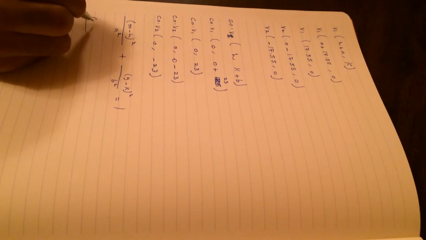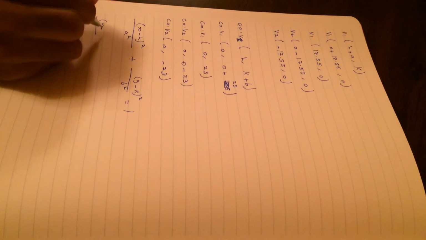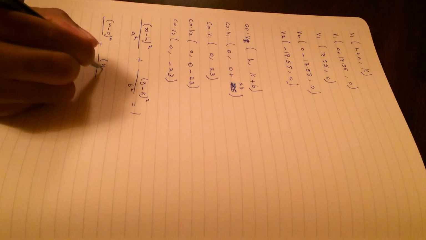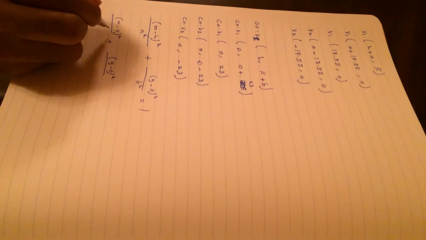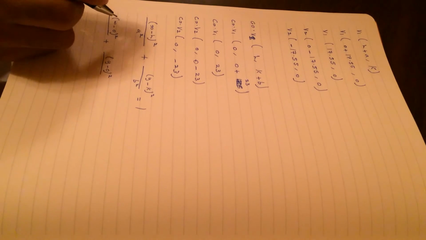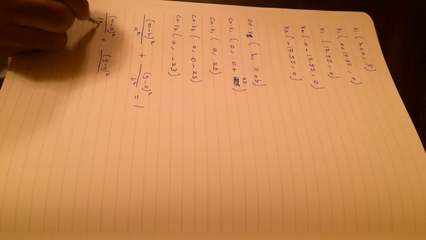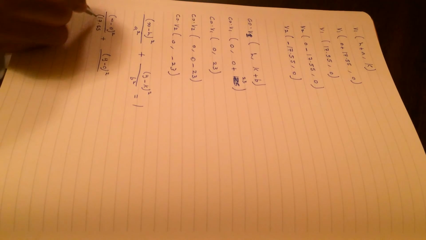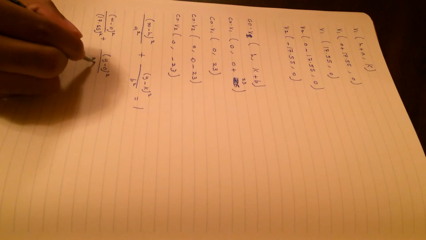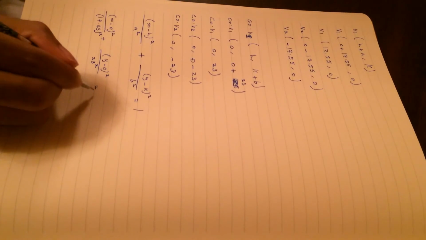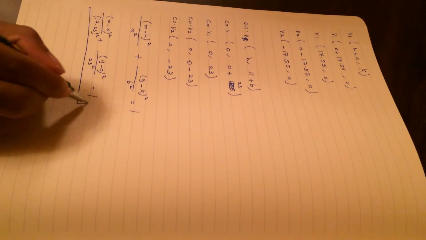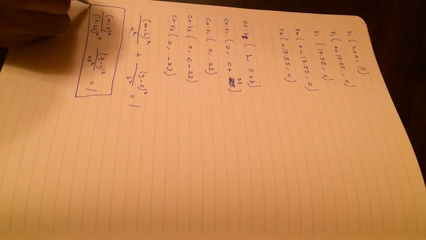As we know, the center is 0, 0, so it will be x minus 0 squared plus y minus 0 squared, and the value under the x will be a, which is 17.55 squared, and the value of b will be 23 squared, equal to 1. So that's the final equation needed for this part.